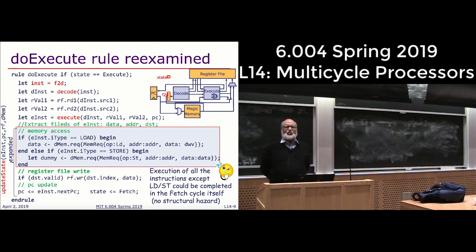Let's think about this for a second. We went to 2 cycles because of the memory instructions: I may be accessing memory, and I can't access memory while fetch is going on. What do we discover in execute? Only load and store instructions access memory. Others don't. Well, we could do better then. We could execute all instructions in one cycle except load and store instructions.